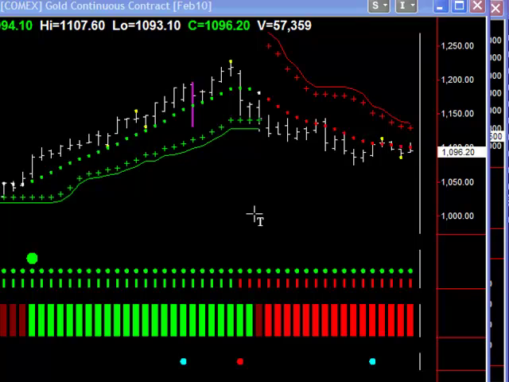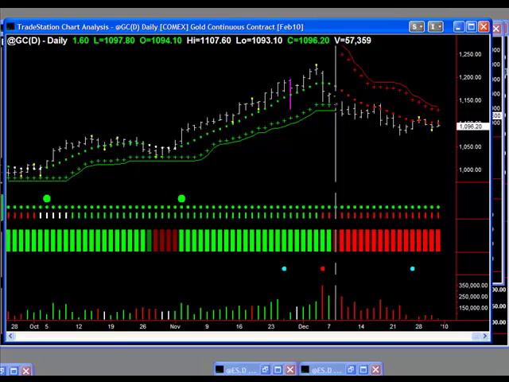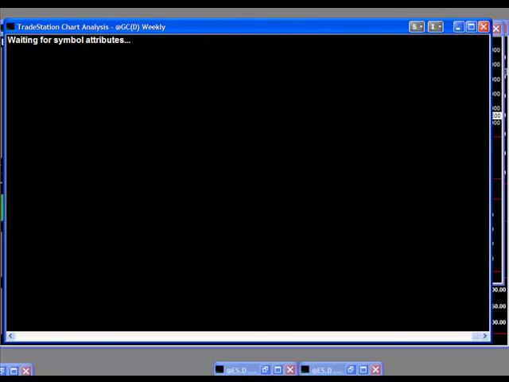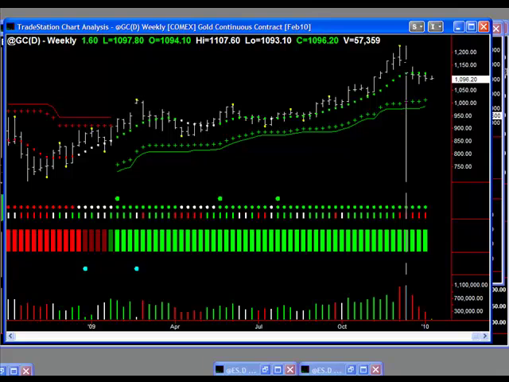Now, if you remember, the weekly trend on gold is still up, so let me just show you this. What I'm showing you, and I'm going to put it on some faster time frames, applies in all time frames. So if we look at the weekly, you can see that the heat map and the trend is in uptrend.